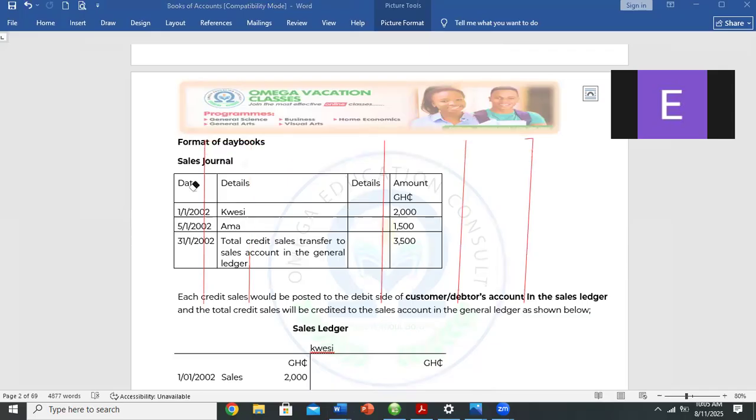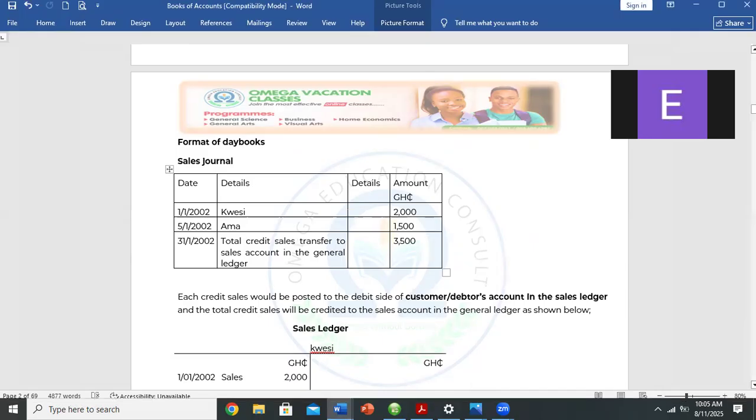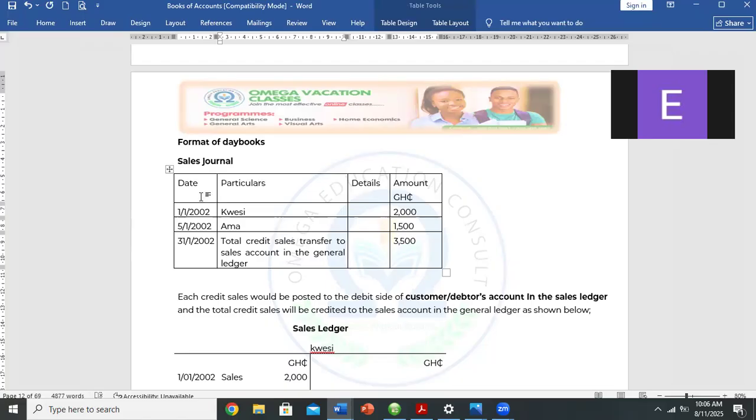As I indicated, the date, the particulars, and the details column for calculations. The particulars will take the names of the customers, the items we bought, etc.